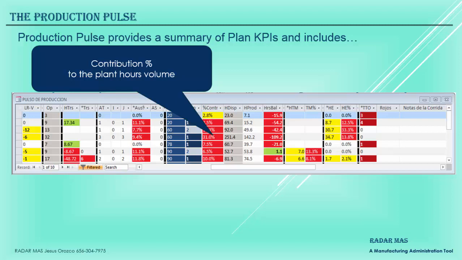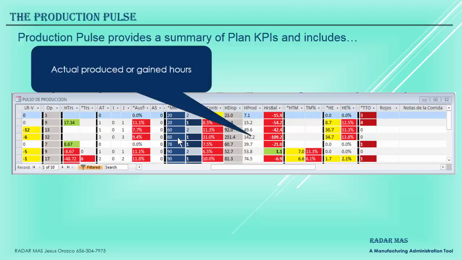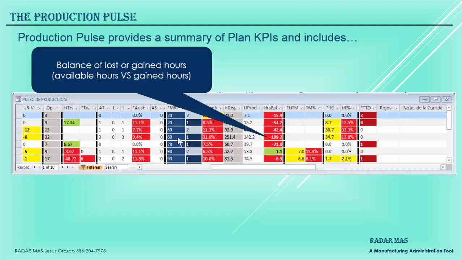The contribution to the plant hours volume per area, for example, this is the 31%. This represents the 31% of the total plant volume. The number of hours available for production, the actual produced or gained hours, and this is the balance of lost or gained hours during the day for the particular production area.